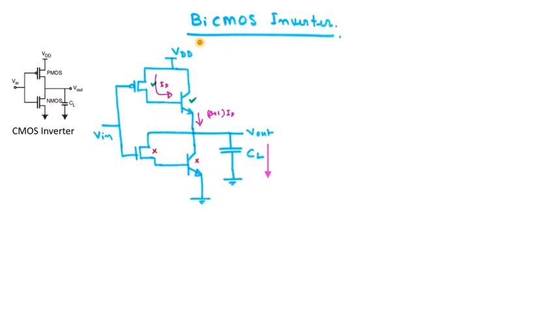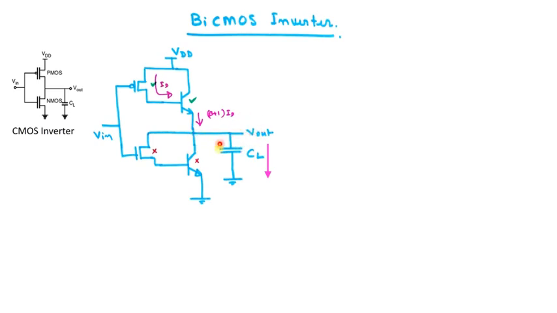But in this BiCMOS inverter, the drain terminal is connected with the base of this NPN bipolar junction transistor, and the emitter terminal of this BJT is connected with the drain terminal of this NMOS, whereas the source terminal is driving another NPN bipolar junction transistor.